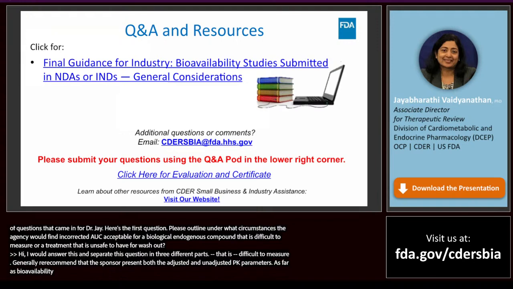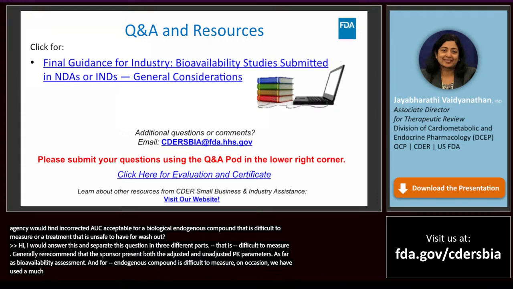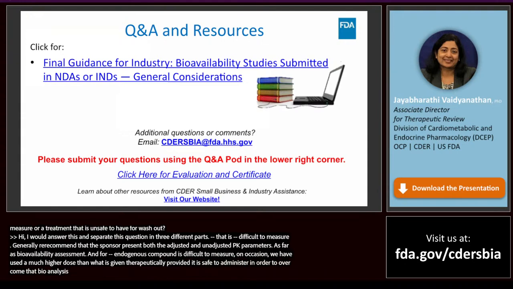For example, if that endogenous compound is difficult to measure, on occasion we have used a much higher dose than what is given therapeutically, provided it is safe to administer, in order to overcome that bioanalysis difficulty. Please contact the division case by case on when it may be acceptable to just use uncorrected.